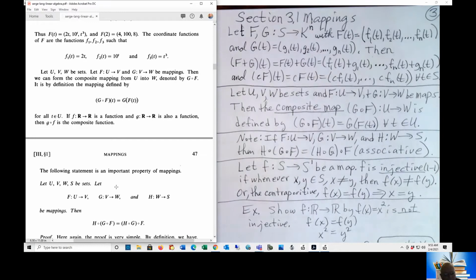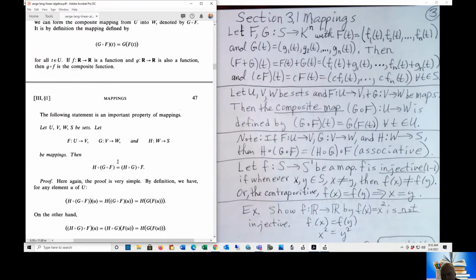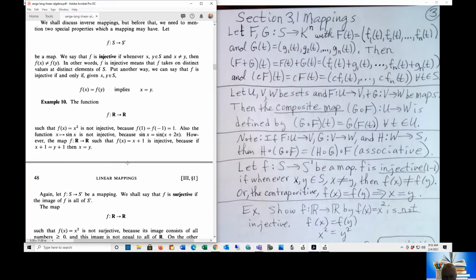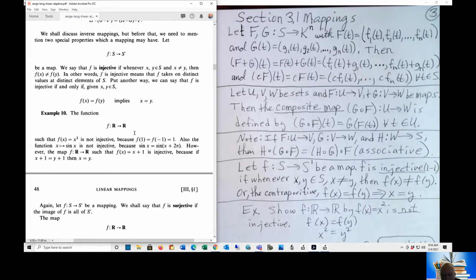The next important thing we need is the definition of an inverse of a map. But before we get to an inverse, we need to know what it means for a mapping to be injective, or one-to-one is the word we use in college algebra. So let's look next at the following definition. Let F go from set S into the set S prime be a mapping.